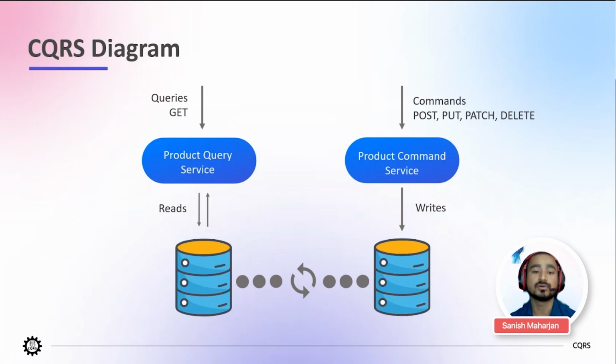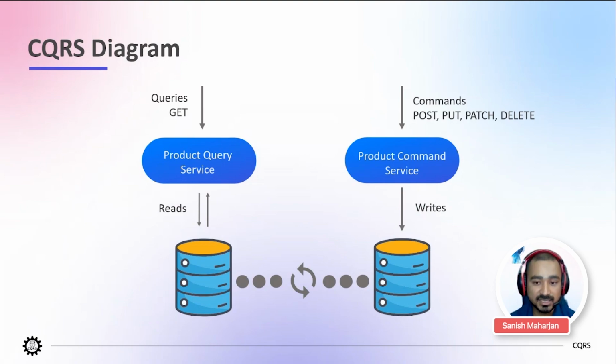Okay. So on the left, you can see there's a query. It's sending an HTTP GET request. There's a product query service over there. Let's assume for the e-commerce website, it's retrieving the product summary that we've just added through a command. So it's pointing to a read database. If you see, there's a circle between the read database and write database.